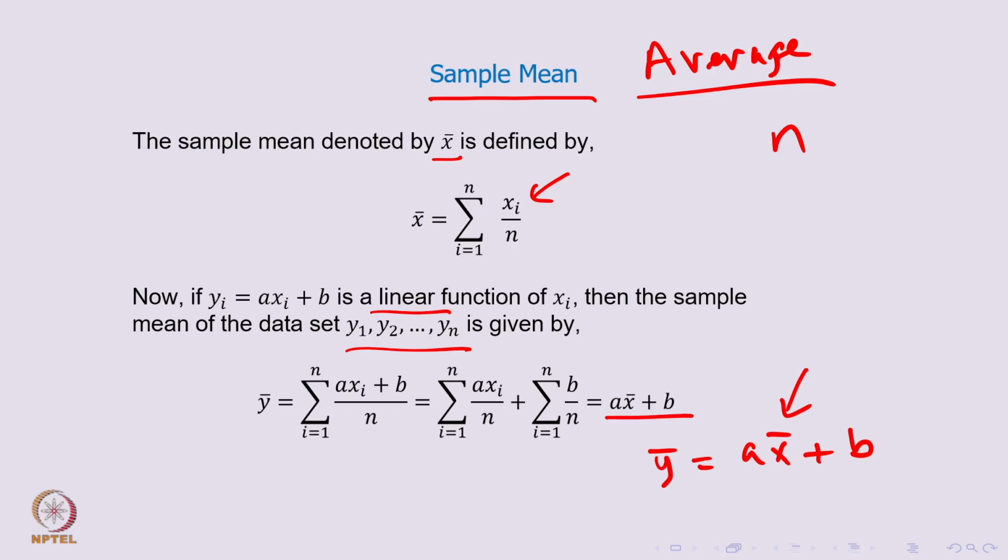Like I said, these are some corollaries, some properties related to the sample mean. Even if you transform using a linear function, adding some constant or multiplying by some constant, this is how you find the mean of the transformed variable.